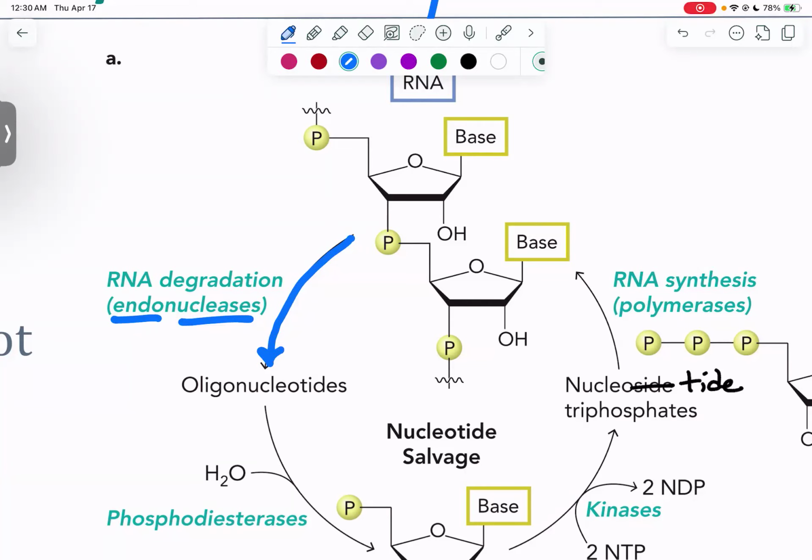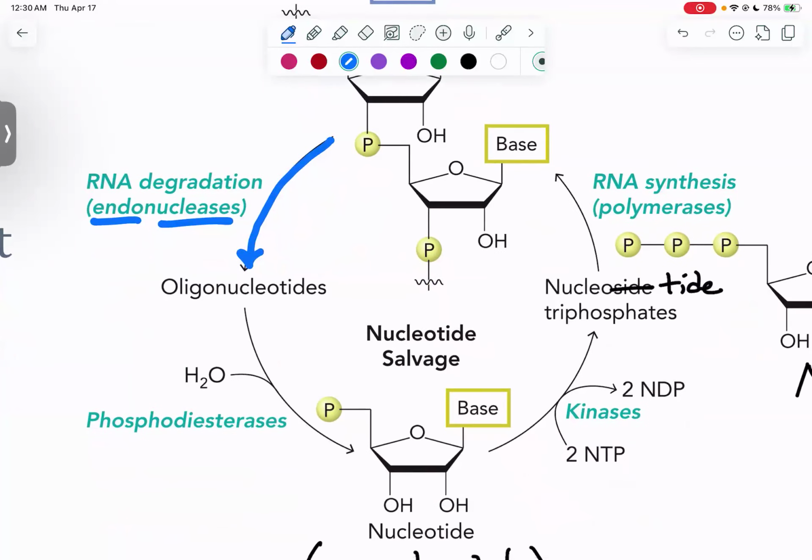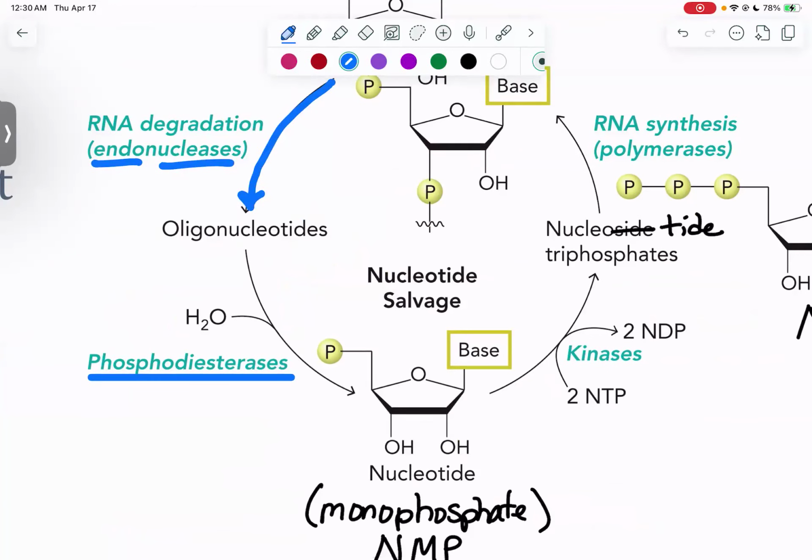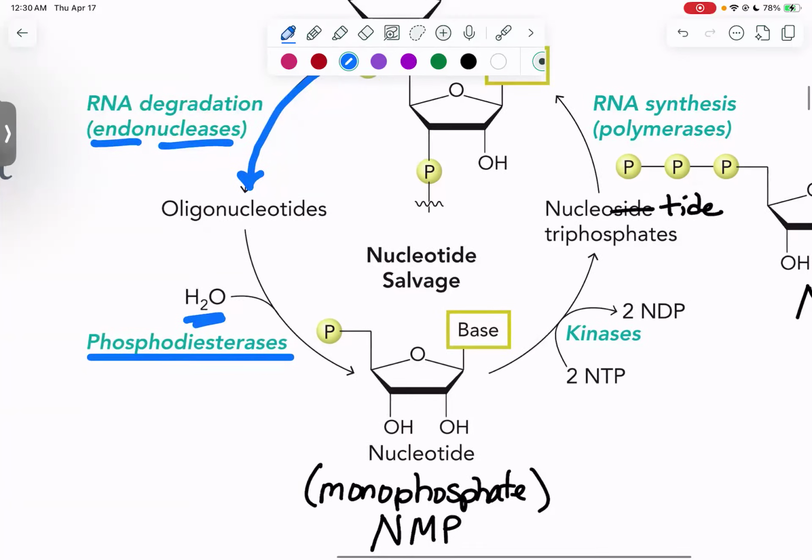You're going to get these short pieces, a couple of nucleotides long, and we call those oligonucleotides. Now, if I want to break up those oligonucleotides, I'm going to use a phosphodiesterase. What does a phosphodiesterase mean? It is going to break phosphodiester bonds using water.